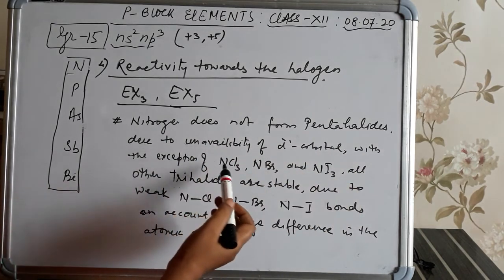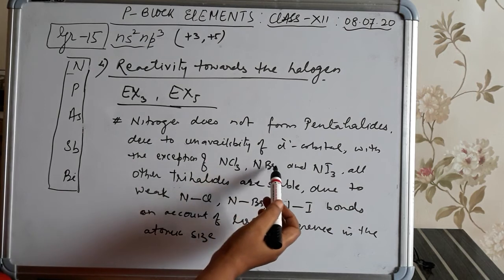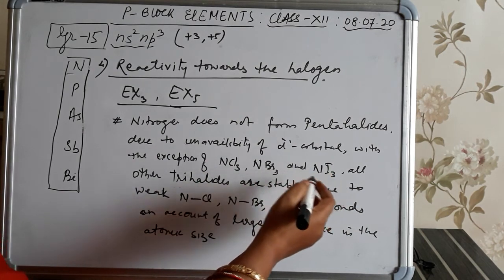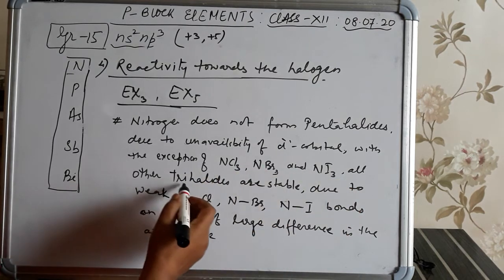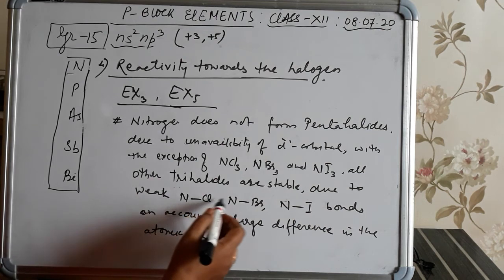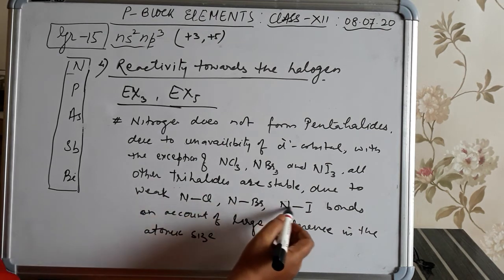With the exceptions of nitrogen trichloride, nitrogen tribromide and nitrogen triiodide, all other trihalides are stable, due to weak N-Cl, N-Br and N-I bonds.